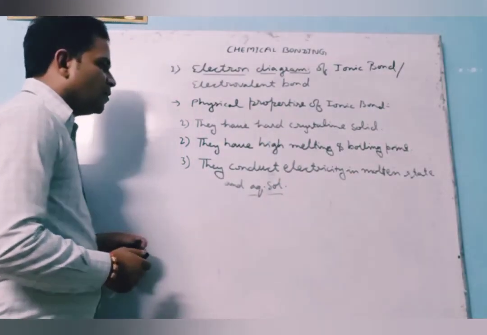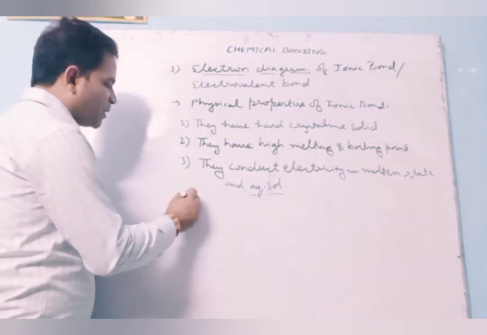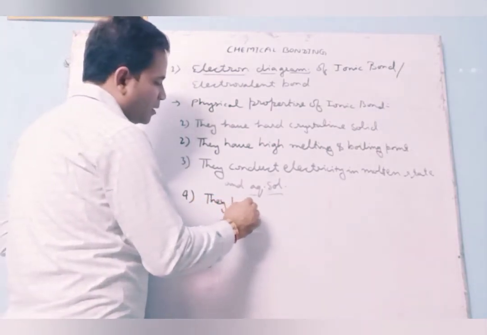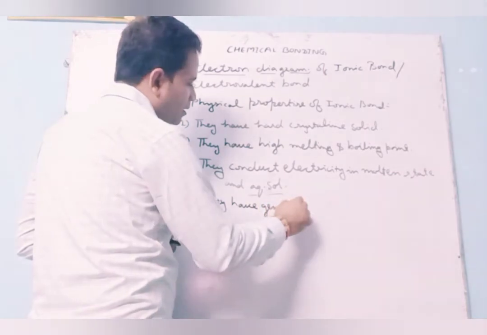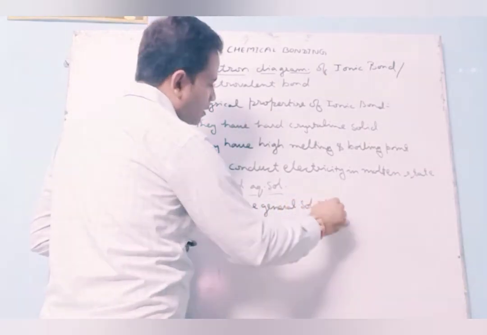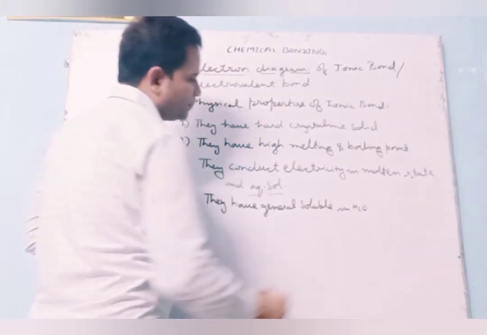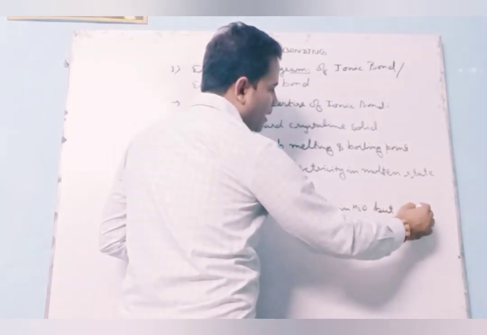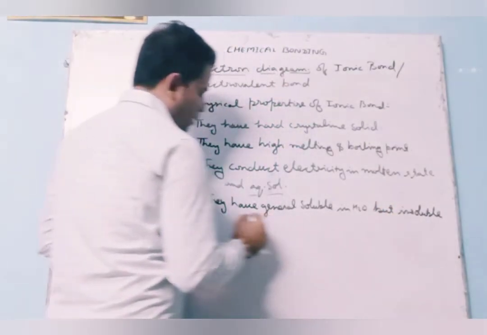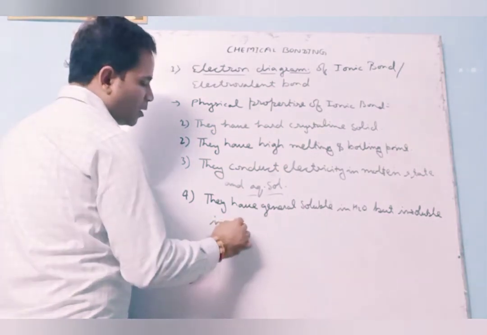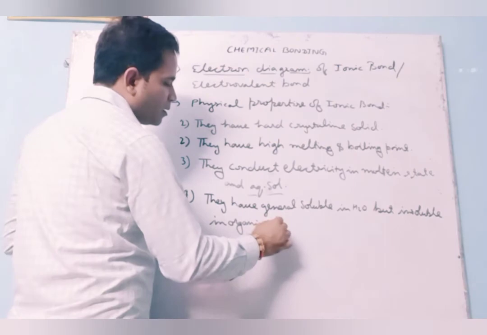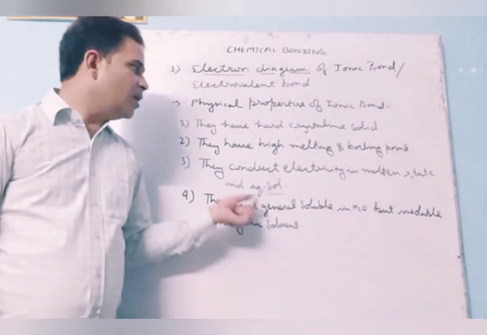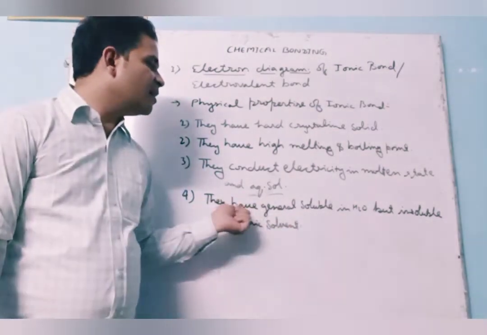Now, here we see the fourth physical property. They are generally soluble in water but insoluble in organic solvents. So what I am saying here, listen: basically all the ionic compounds are generally soluble in water.